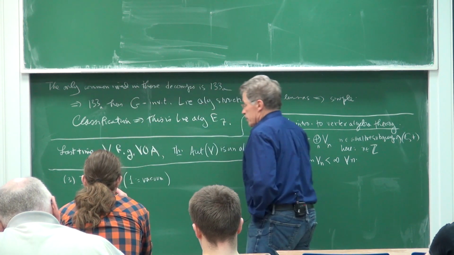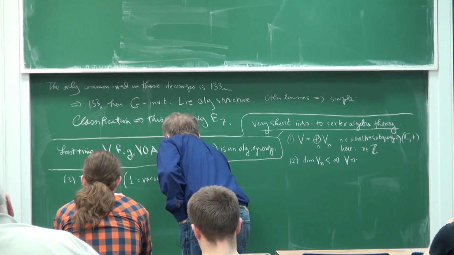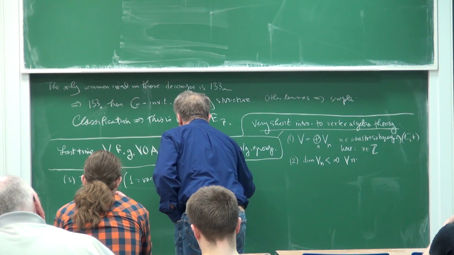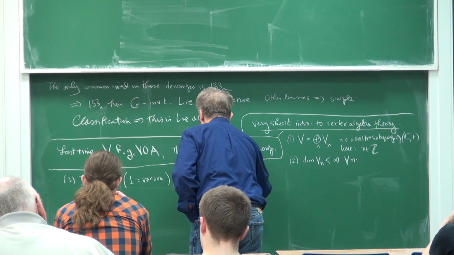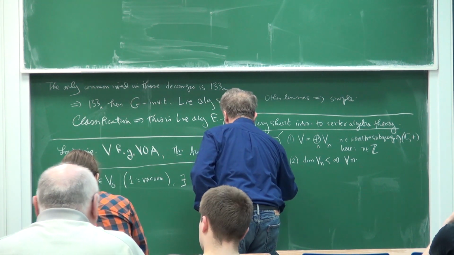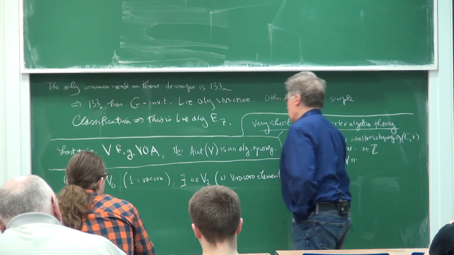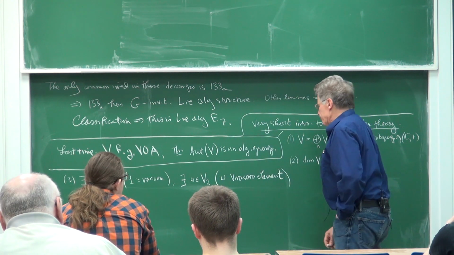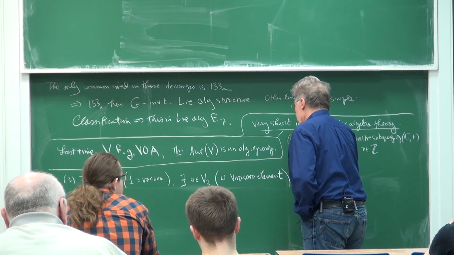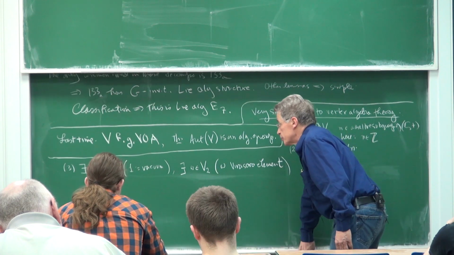This terminology comes from physics, and there exists an element omega in V_2, and omega is called the Virasoro element, which have properties that I will list in a few moments.